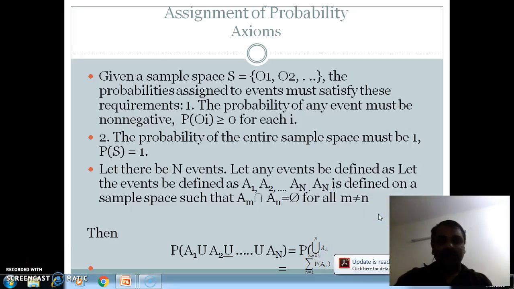Then P(A1 union A2 union ... union AN) = P(union of An for n = 1 to N) is equal to the sum of individual probabilities, that is, sigma n = 1 to N of P(An).